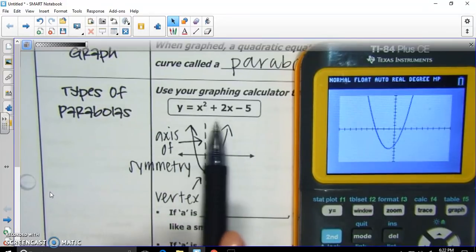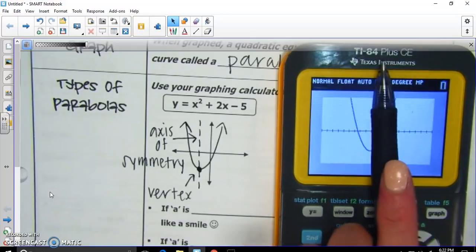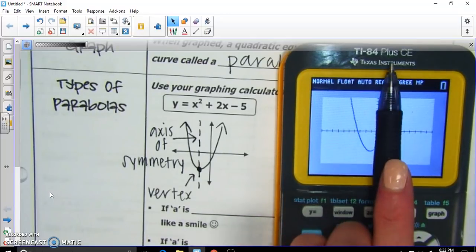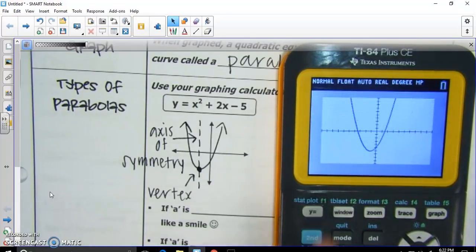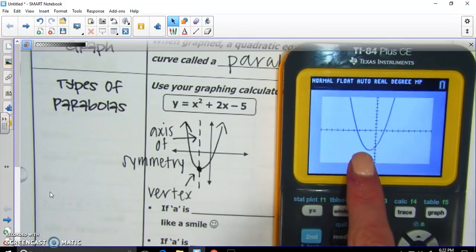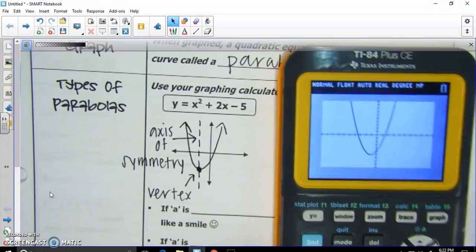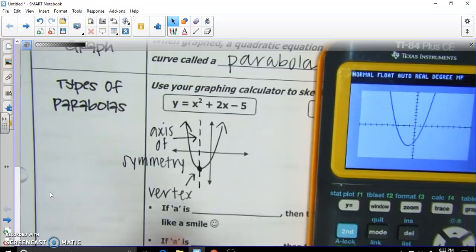Now our sketch is probably not very perfect, but if you look at our picture, the left and the right side are pretty much equal. It's not centered directly on the y-axis, and that's okay, but there's still an axis of symmetry going through that. All right, so let's look at how this other one looks.